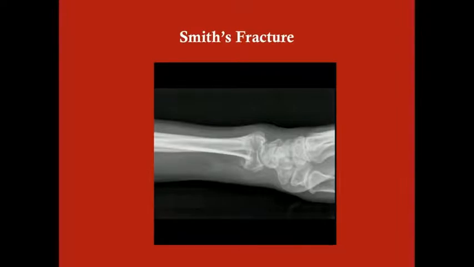So it looks just like the Colles fracture, except that the distal piece is dislocated ventrally rather than dorsally. So we don't have that dinner fork deformity. Remember that if you feel your own wrist, you can feel that on the dorsal part of your wrist, there's really no space between the skin and the bone.